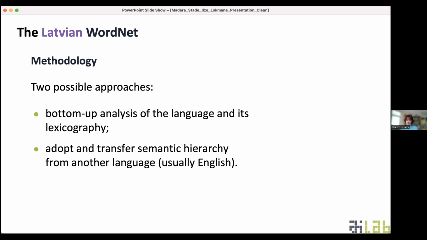The former approach is more labor-consuming, but it also results in a resource that is more accurate from a linguistic perspective. Therefore, we have chosen to build the resource based on corpus evidence and linguistic analysis of Latvian, and only afterwards attempt to link it with other language WordNets without expectation that there would be a one-to-one alignment for our syntax.